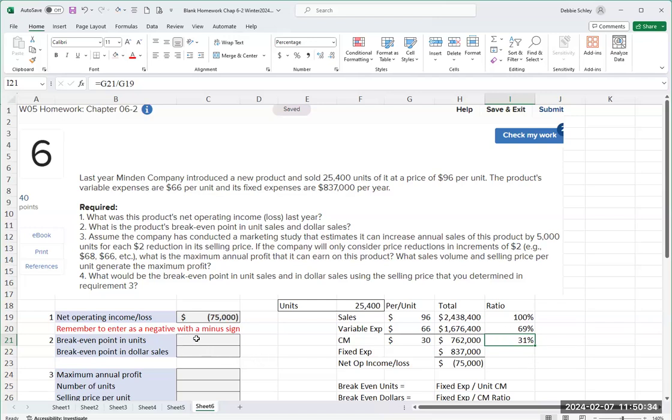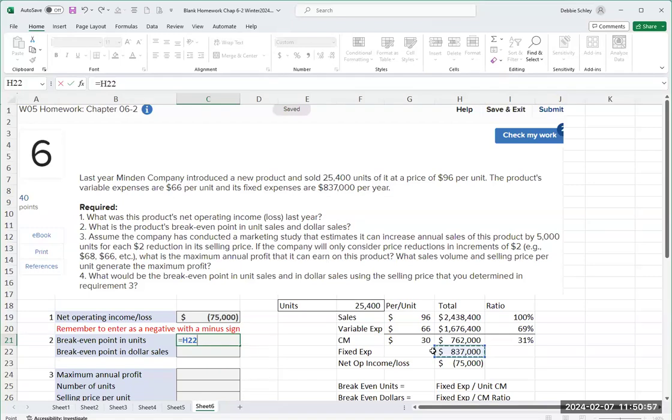Okay. So remember, first, the break-even point in units. So this is going to be the fixed expenses, right? We need the contribution margin to totally cover the fixed expenses so that we end up with a zero net income. Let's see.